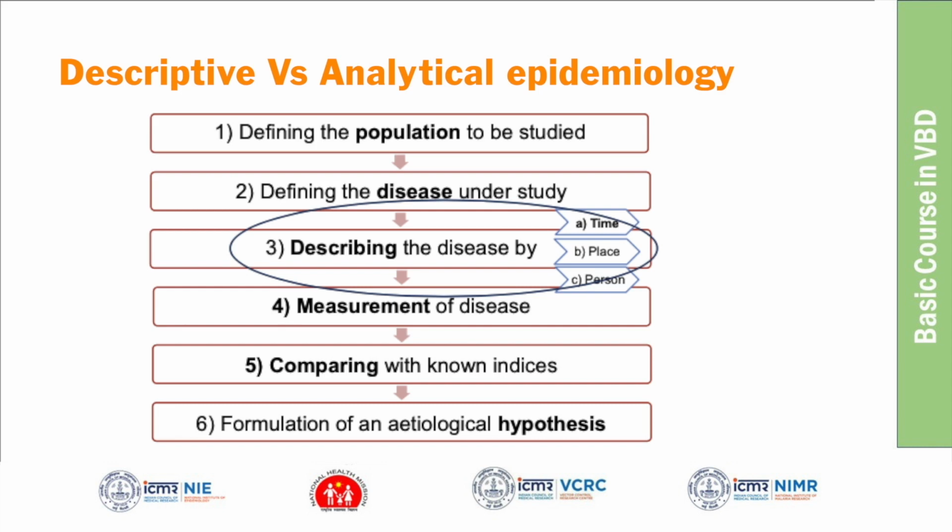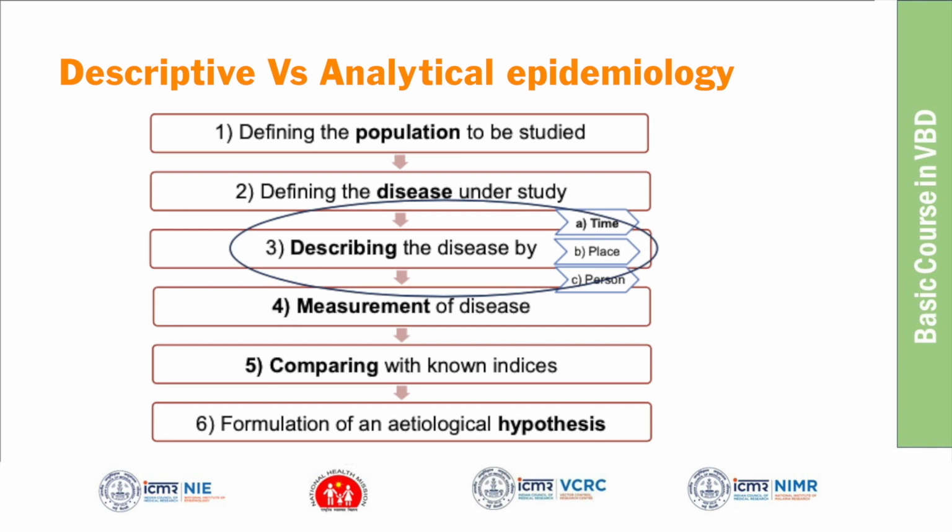And next one is measurement of disease, fourth point, that you have already been introduced to. And then fifth is comparing with known indices. So we have the measurement in our hand, so now we can compare with the known indices or with other countries or with previous historical data.